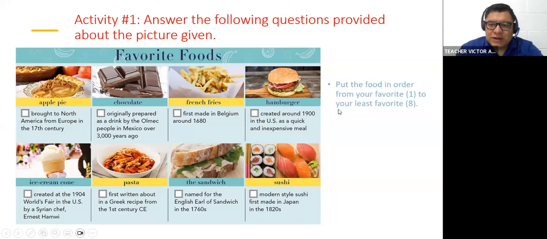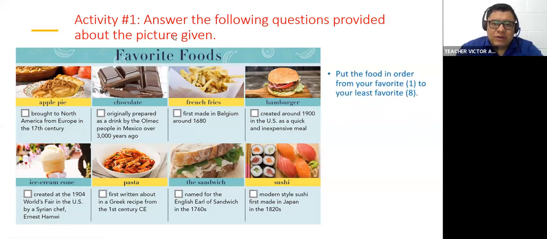Like the first one that I have, it's more than a question. I need you to put the words in order, from your favorite to your least favorite. You have 8 options.